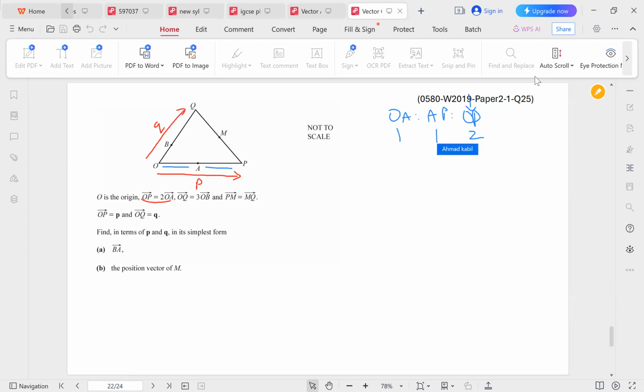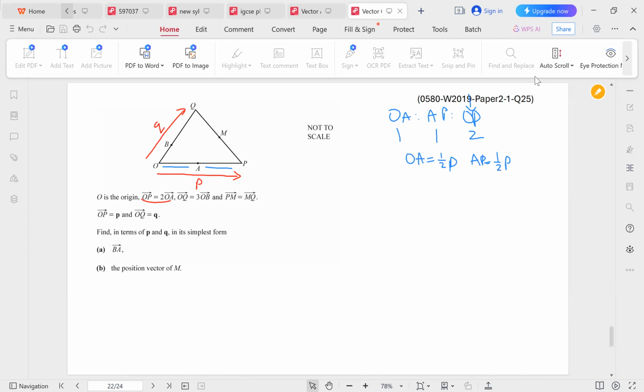So this here would be 1. And we can figure out OA in terms of OP. So OA would be half P, and then AP would also be half P. I'm just getting everything so that we can solve more quickly and more easily.